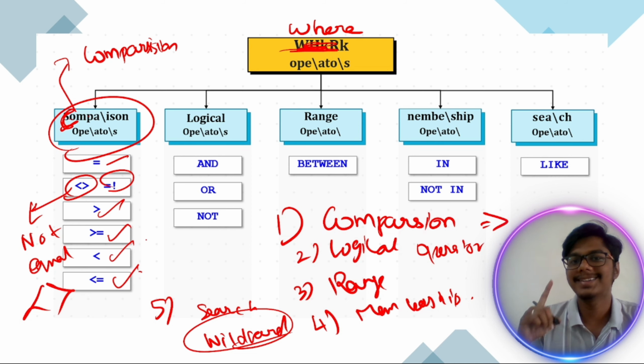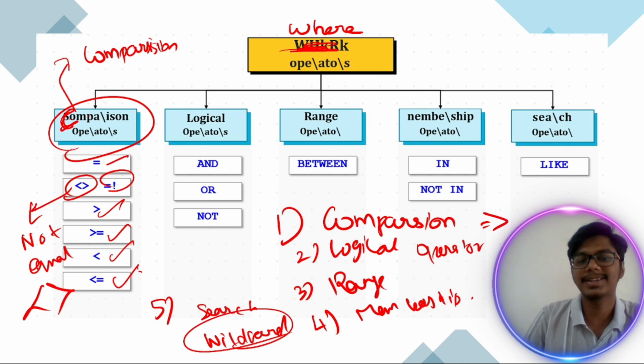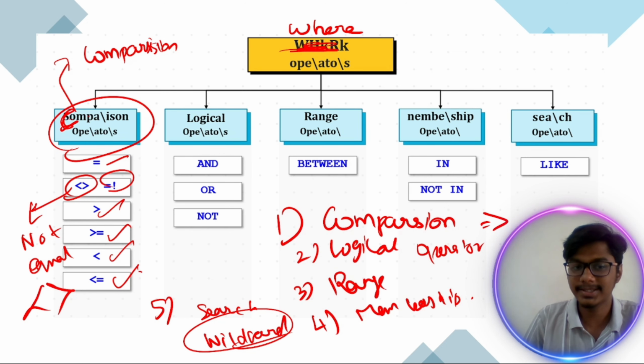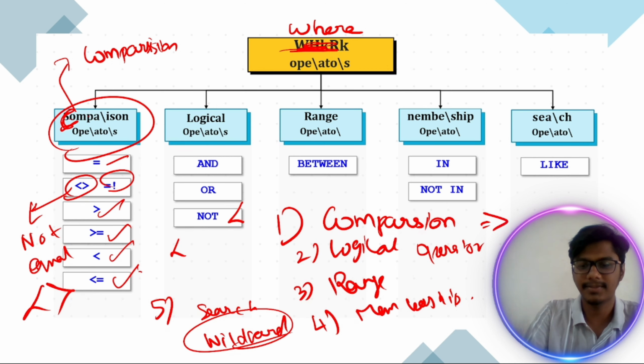When I was studying in school days, I couldn't remember less than and greater than. It's a bit confusing, right? So less than comes with the L, so I write less than with an L. That's how I remember.